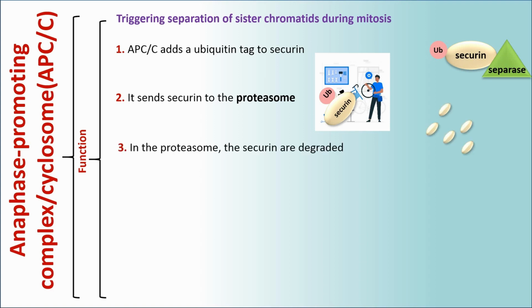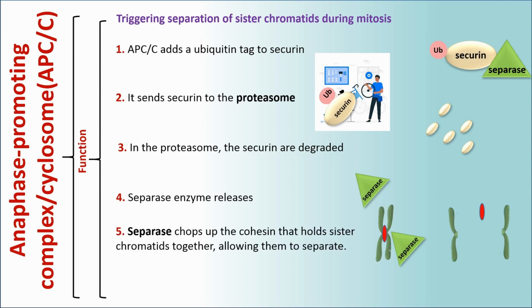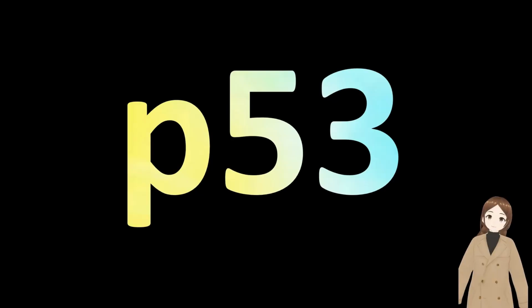In the proteasome, the securin is degraded. Step 4. Separase enzyme releases. Step 5. Separase chops off the cohesin that holds sister chromatids together, allowing them to separate. And step 6. The separation of sister chromatids indicates anaphase.